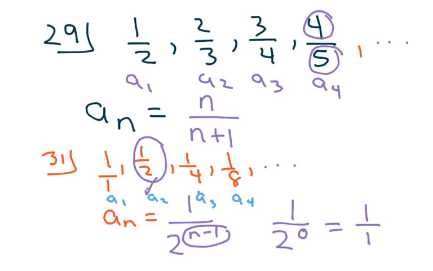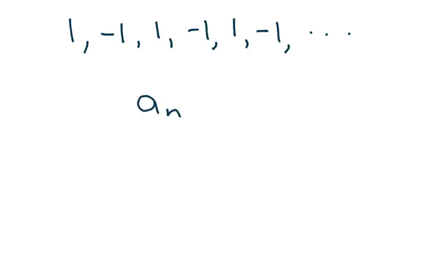Okay, let's try 33. 33 is that oscillating one. We have 1, negative 1, 1, negative 1, 1, and they keep on and on here. Dot, dot, dot. All right, so this one, we already saw this in the previous thing. I'm just going to write a sub n equals negative 1 to the n plus 1.